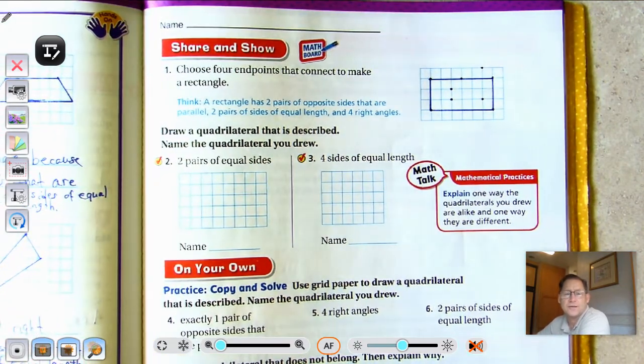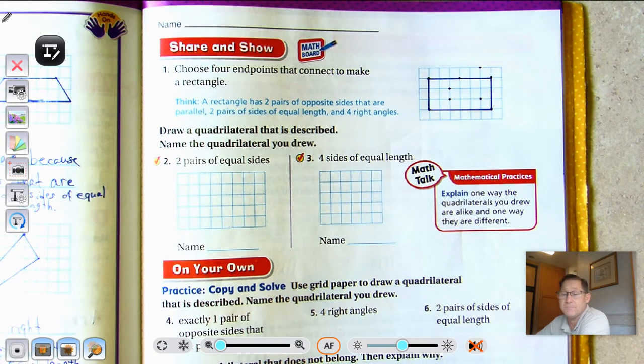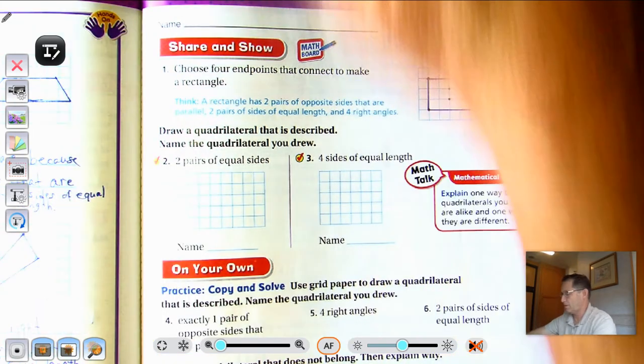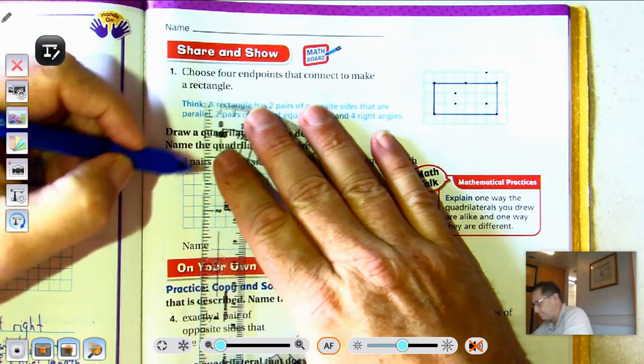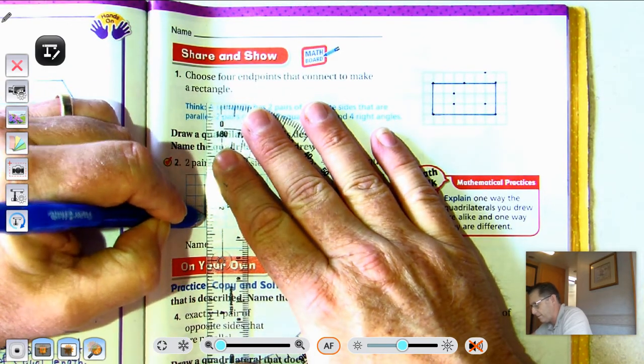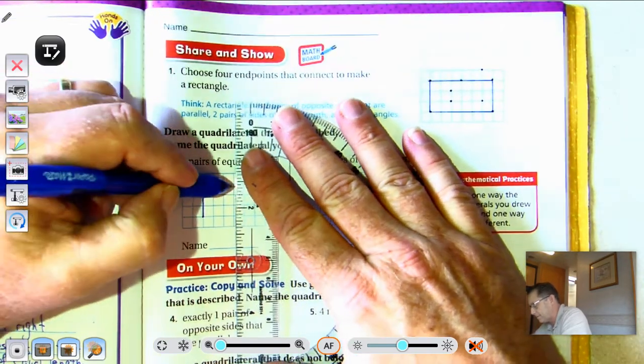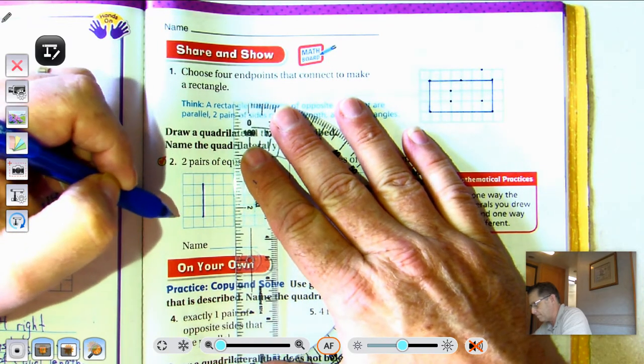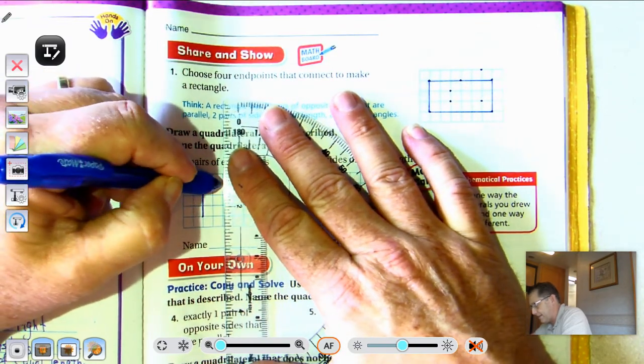Now, draw a quadrilateral that is described. Name the quadrilateral you drew. It has 2 pairs of equal sides. Well, that could be a square. It could be a rectangle.